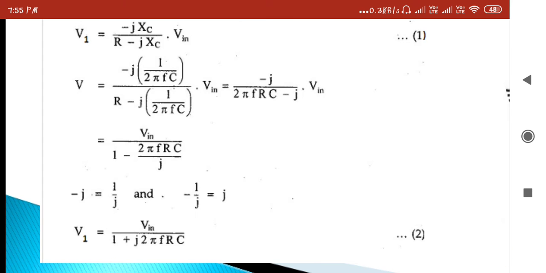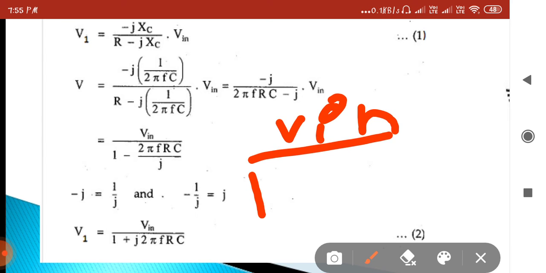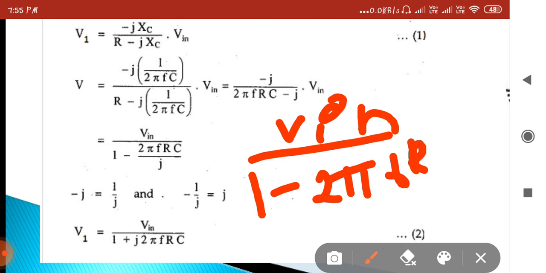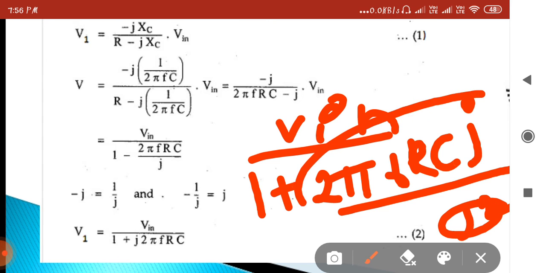Here I am going to take Vin divided by 1 minus 2 pi fRC, with j. This one I am going to take as j square. This j square equals minus 1, so it becomes a plus.